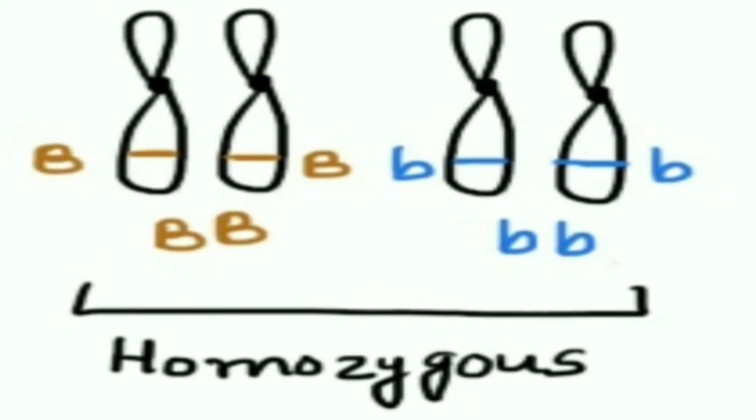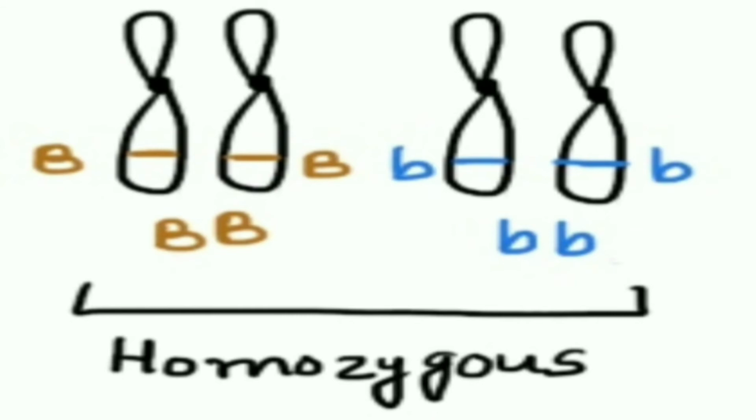As we discussed in the earlier slide, homozygous is of two varieties, homozygous dominant and homozygous recessive. Suppose it is hair color and the gene is represented by B. If both alleles, which come from the father as well as the mother, are in the dominant form, in genetics we represent dominant as capital letters and recessive as small letters.